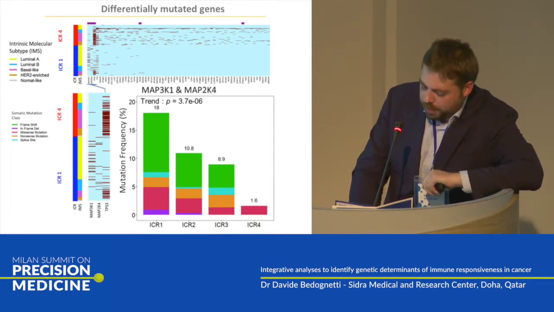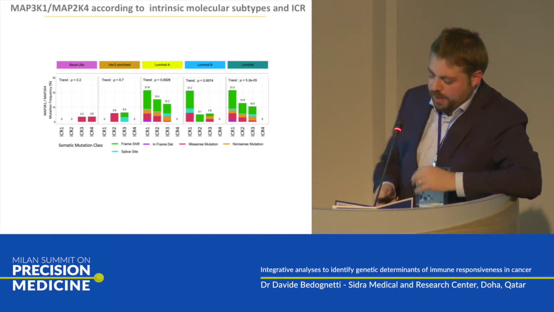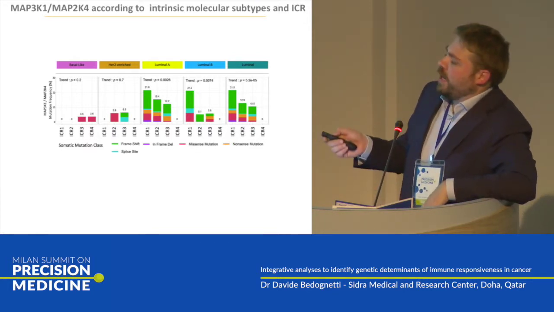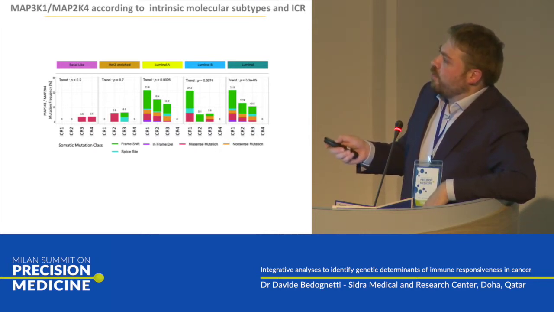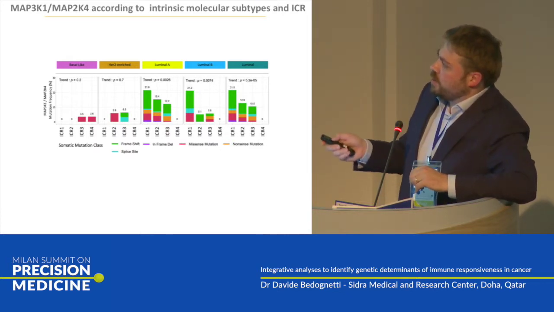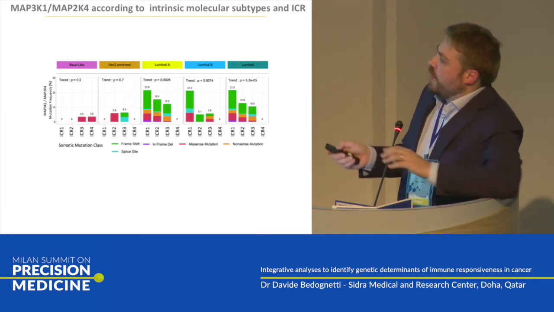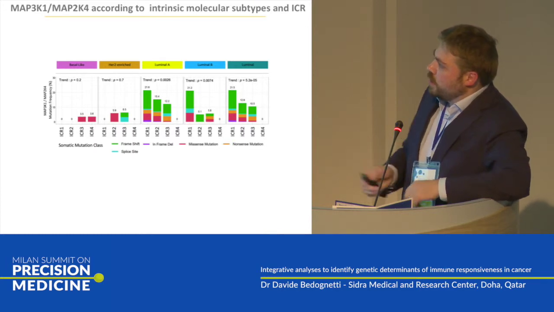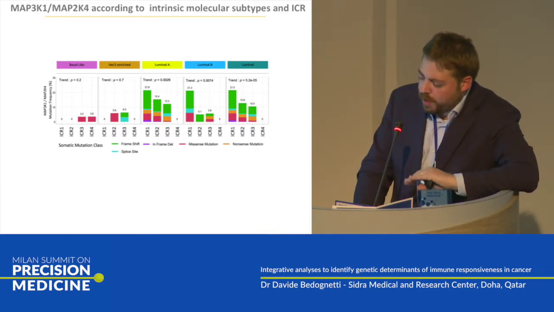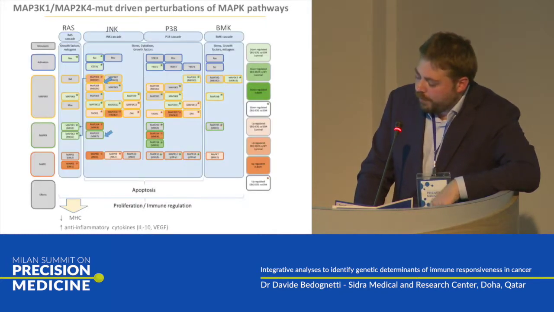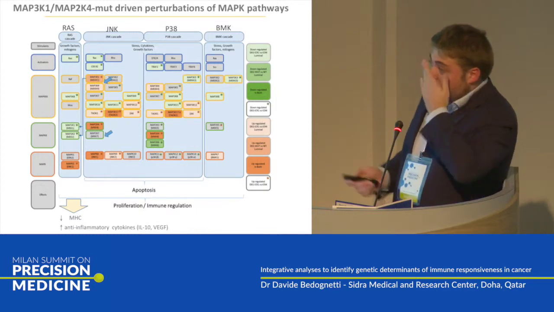So MAP3K1 and MAP2K4, we know that they are mutated in luminal, and luminal tumors in any case have a lower level of immune infiltration and fewer lymphocytes. But even when this association was performed within the luminal type, it remains statistically significant. So even within the luminal, there was a strong association between MAP3K1, MAP2K4 mutation and immune subtype.